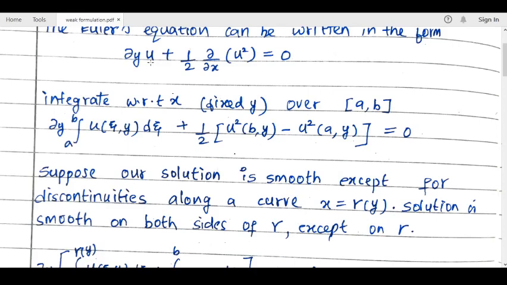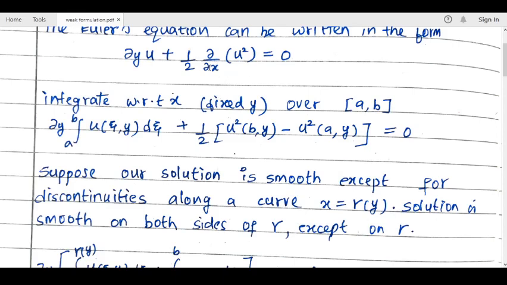We consider a dummy variable theta, so I can write u of theta, y, d theta. Instead of x we are using theta here. So u of theta, y, d theta from a to b, plus half, and here we are integrating the derivative with respect to x.